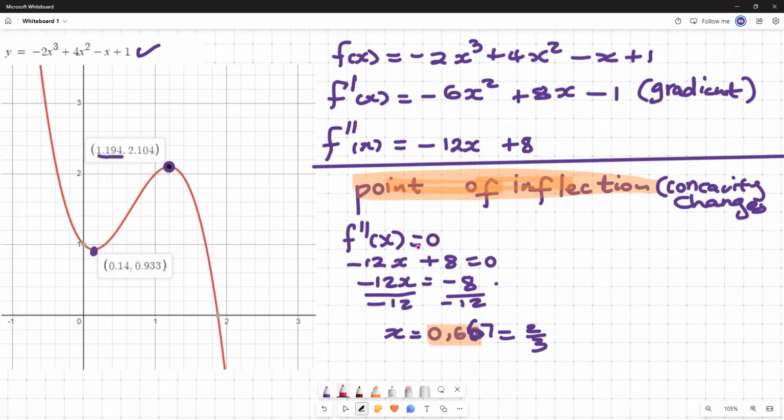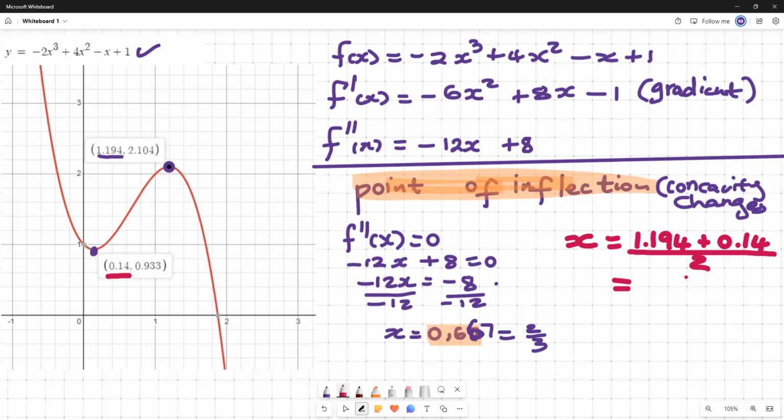So now I'm going to show you another way to get the point of inflection x value. The x value on the point of inflection is the average of the x values on the turning points. The first x value is 1.194. The second x value is 0.14, so plus 0.14. And then you divide it by 2, the average basically. So let's see, what does that give us? 1.194 plus 0.14, and then we divide by 2.